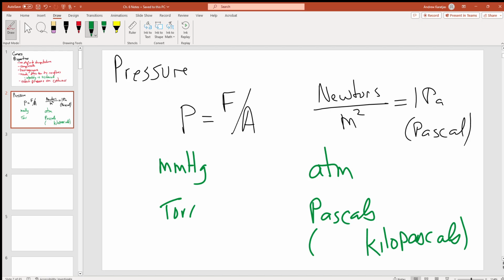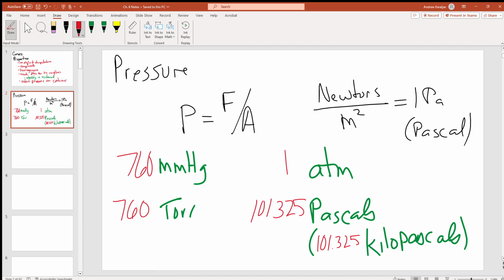And so what we would refer to as standard atmospheric pressure is what we can use as a unit conversion to go back and forth between any of these units. So standard atmospheric pressure we consider to be 1 atmosphere. In both torr and millimeters of mercury, that would be 760. In pascals, 101,325. Or dividing that by 1,000 gives us 101.325 kilopascals.